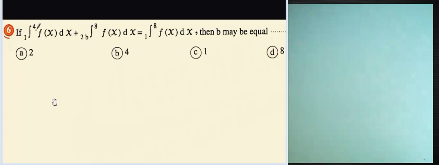Question 6. If integration from 1 to 4 of the function of x dx plus integration from 2b to 8 dx equals integration from 1 to 8 dx. It's continuous. Okay, then 2b here will be equal to what? Equal to 4. Okay, then b equals 2. Understood?